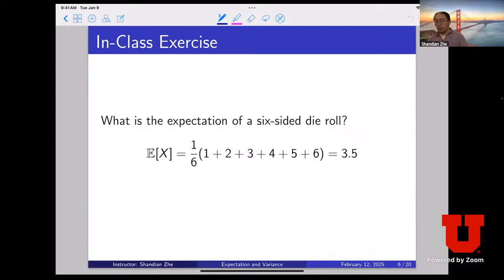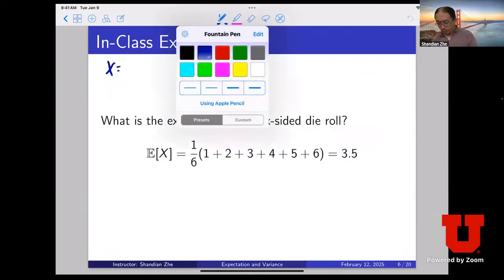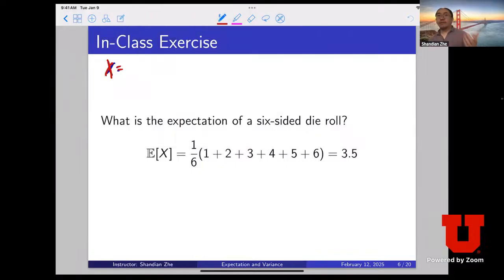So if you look at the upside, it can take six possible values: 1, 2, 3, 4, 5, 6. Because this is an equal-chance die, the probability you see any point on the upside is the same. It is 1 over 6.